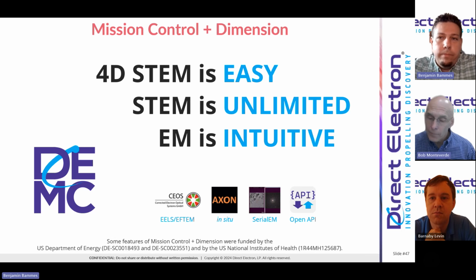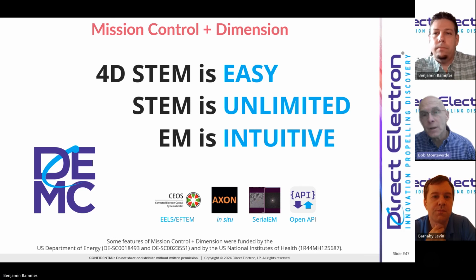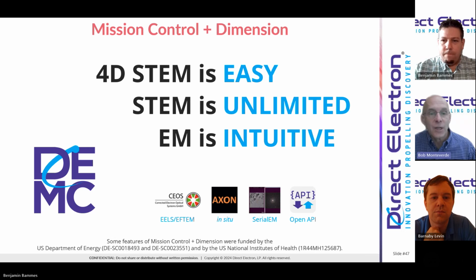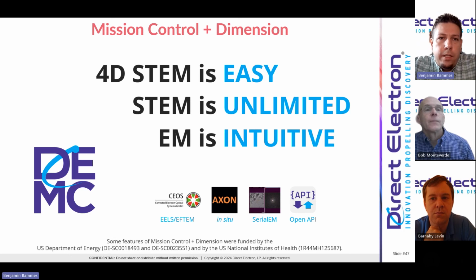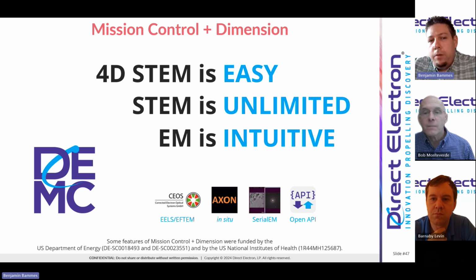Okay. And you mentioned the DE FreeScan, the Direct Electron scan generator. Do you need the FreeScan in order to use Mission Control? Is it a requirement? It's not a complete requirement to use the FreeScan with our software.